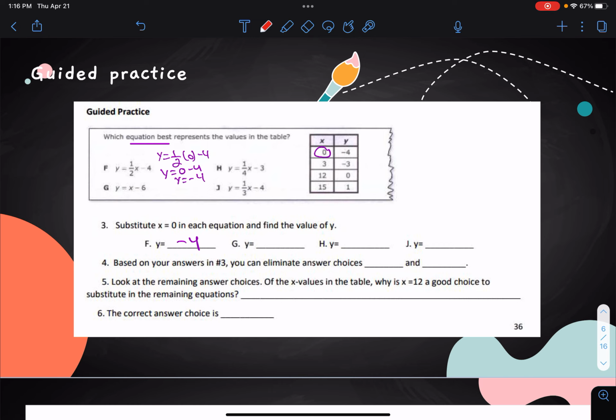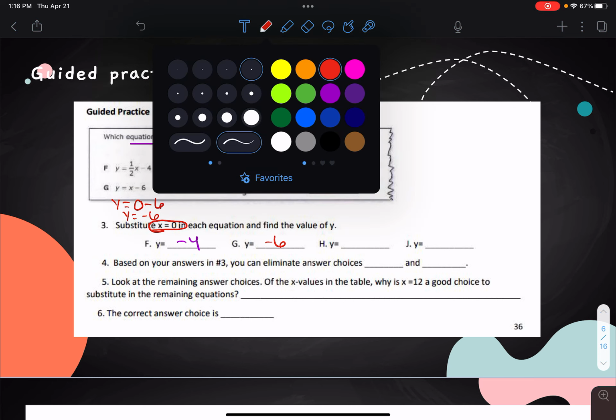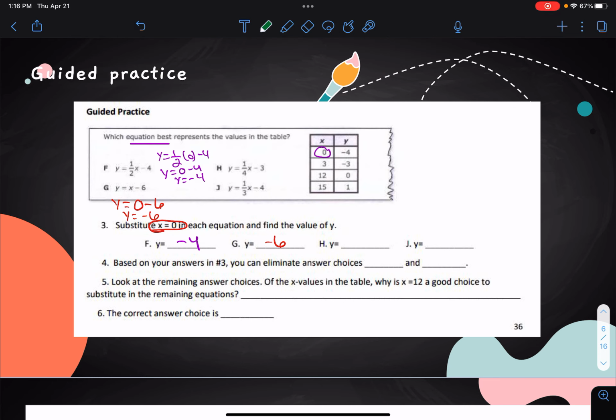All right, so now we're going to try G. So our equation says y equals x minus 6. So here it told us to substitute 0 for x. I'm going to put 0 minus 6. So y equals 0 minus 6, -6. Then H says y equals 1/4 x minus 3.